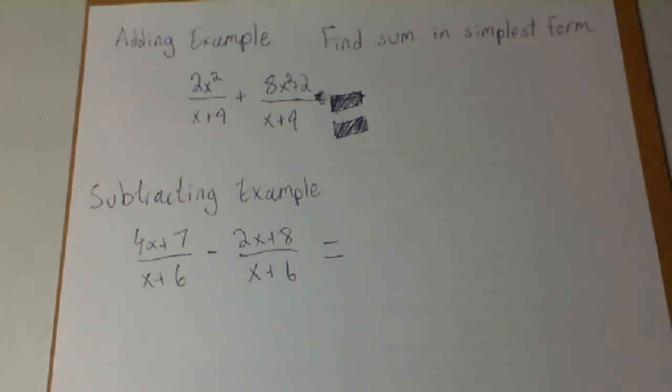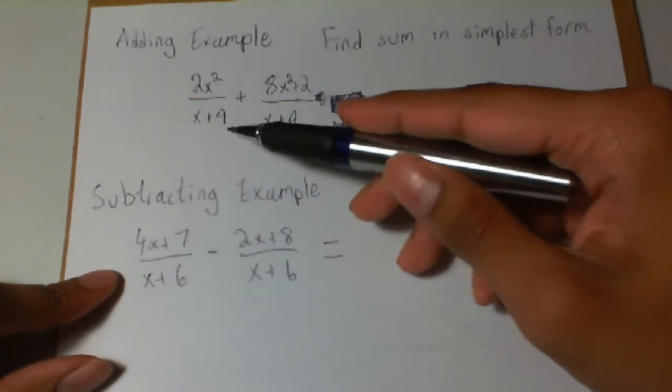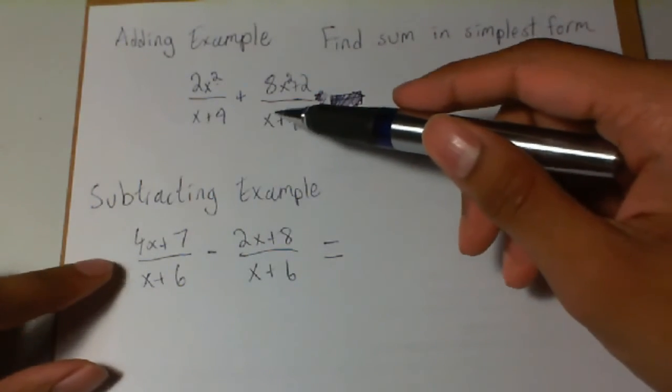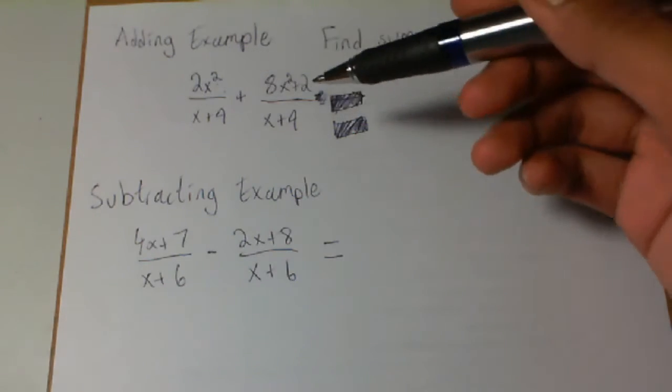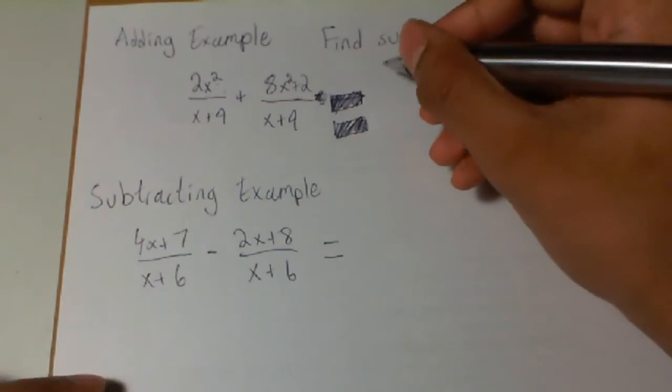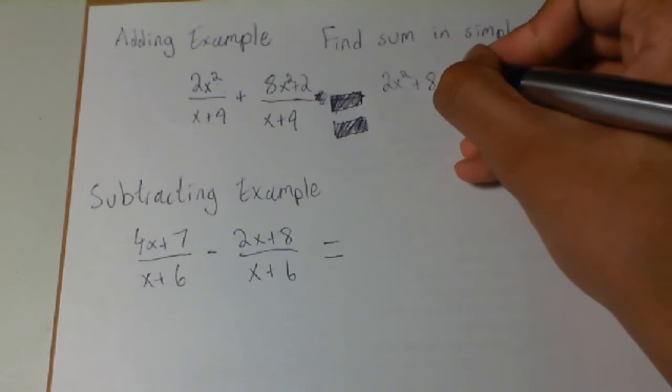All right, so here's two examples of doing it with like denominators. So let's start with an adding example. So we have, as you can see, the same denominator. So we're going to simply add the numerators, just how we did with normal fractions. So it's going to be 2x squared plus 8x squared plus 2.